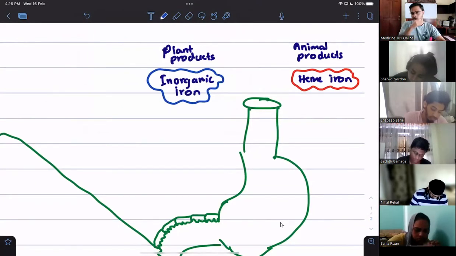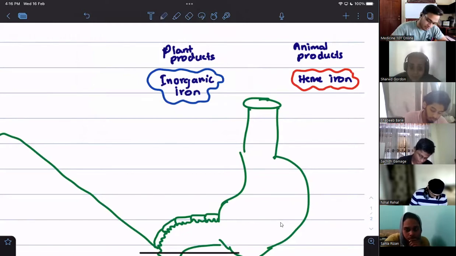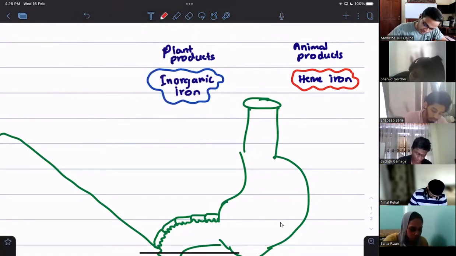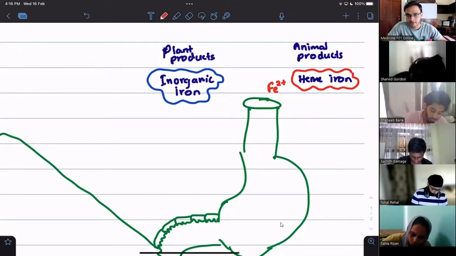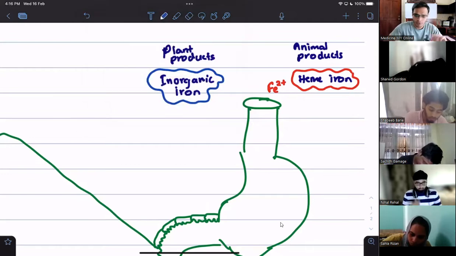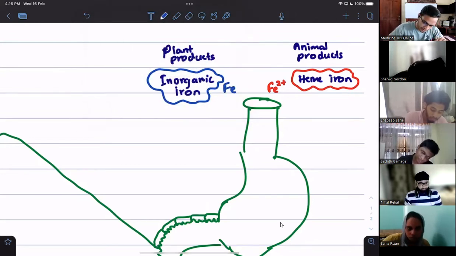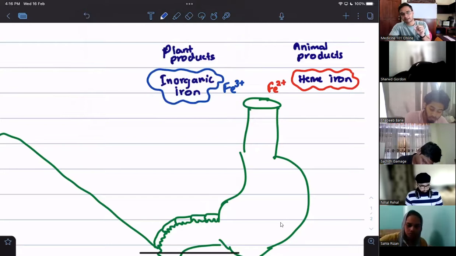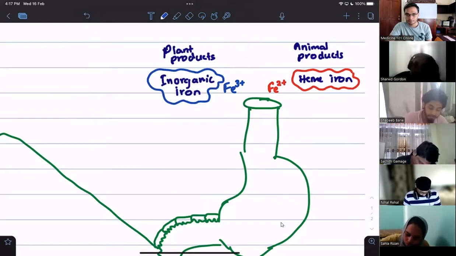Why do I want to differentiate this, guys? In heme, we get the ferrous form of iron, Fe2 plus. Whereas in inorganic iron, we get ferric, Fe3 plus, the ferric form of iron. Ferrous and ferric, Fe2 plus, Fe3 plus.